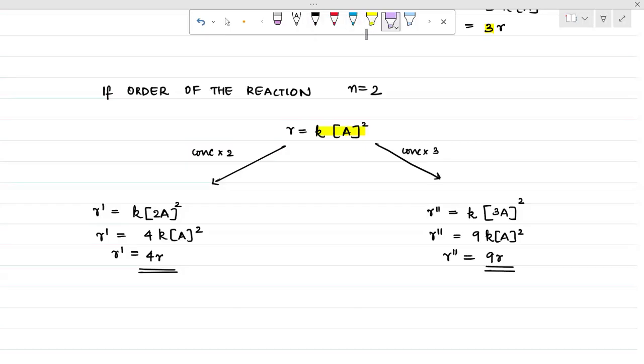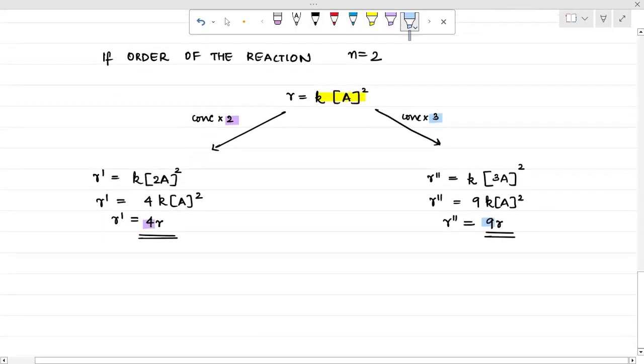When you increased the concentration by 2, your rate has become 2 square, 4. When you increased your concentration 3 times, your new rate has become 3 square times, 9. Easy?